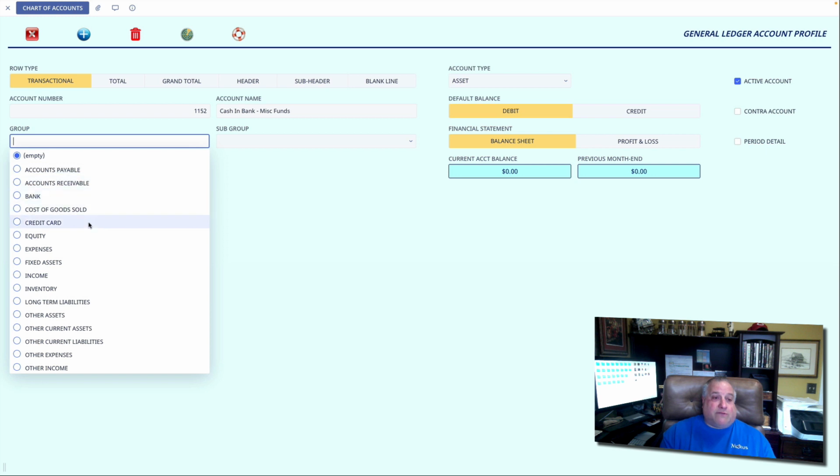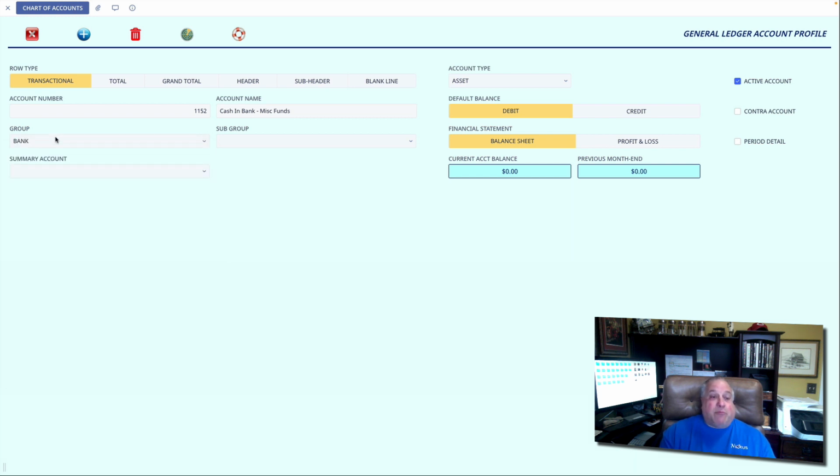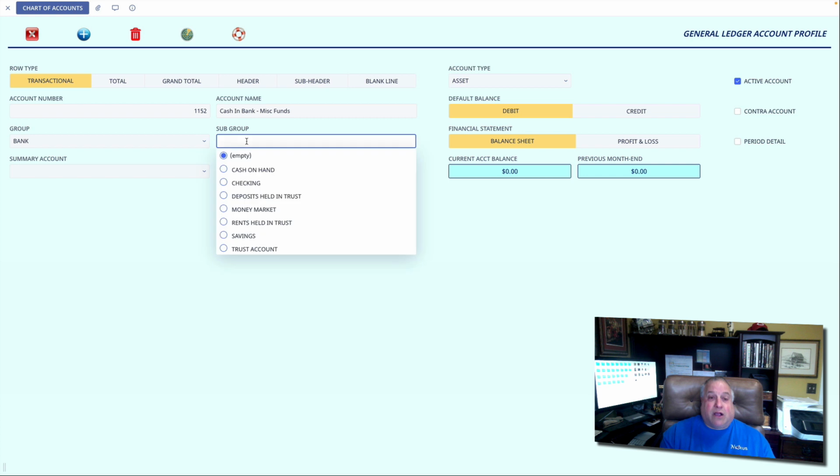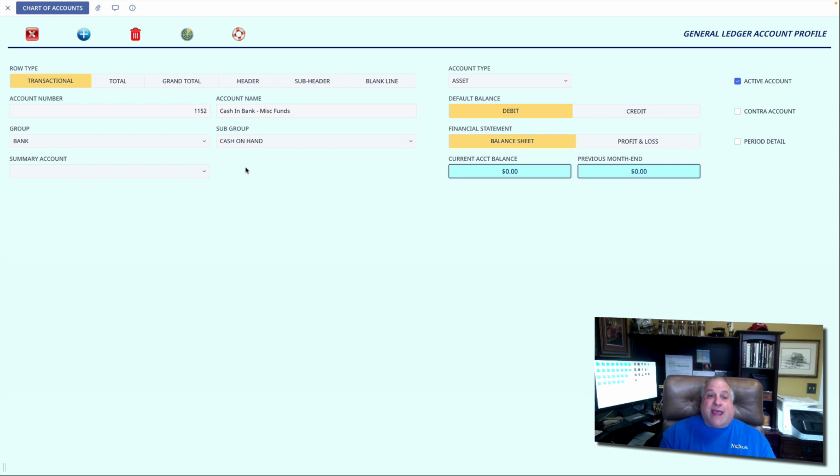We have all of these different groups, and in this case, since this is a cash and bank account, I'm going to put this in the bank group, and within the group we have all of these subgroups, and I will call this cash on hand. So now I have big and small ways to slice and dice my data.